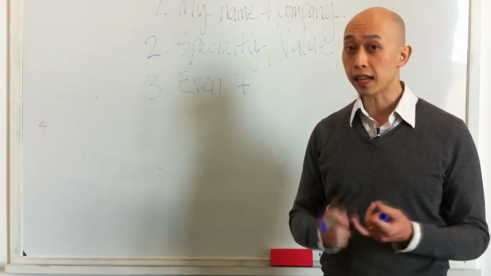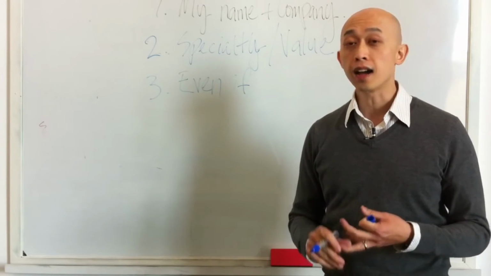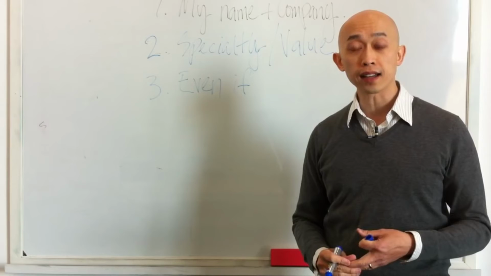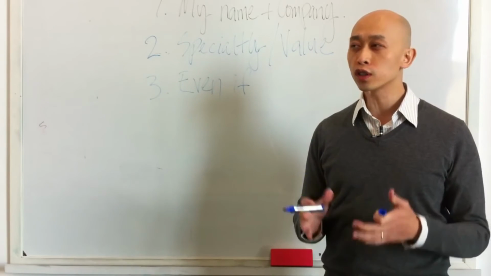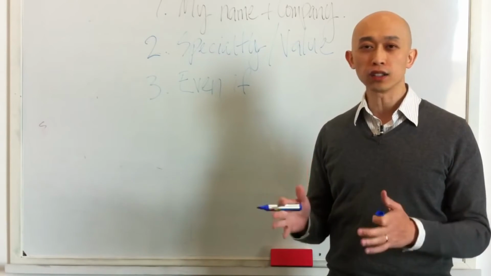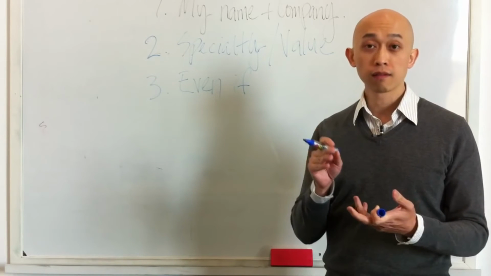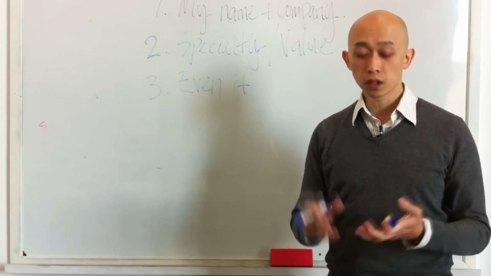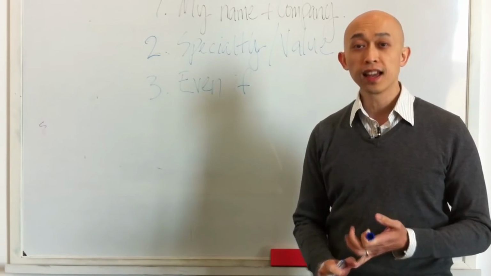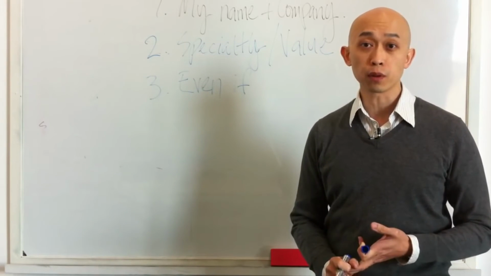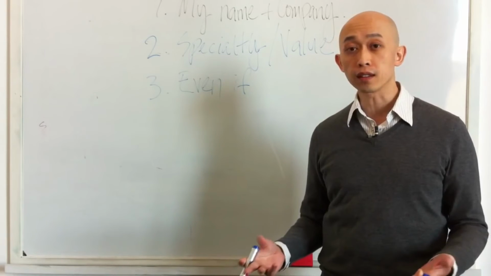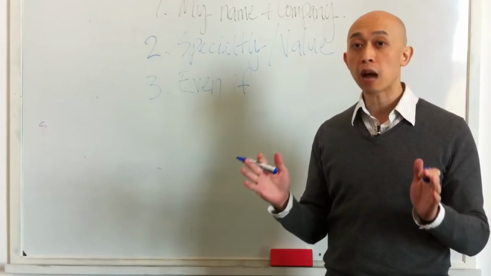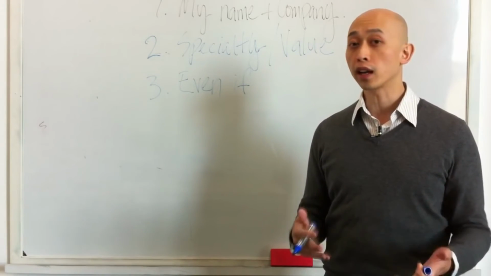I just said my name, my company, I said what value or service I provide, then I talked about the worst possible case that I could deal with. People who are non-English speakers, who have to give an English presentation, who maybe are scared of speaking, and who've never given a presentation before. I could talk about those things. So in that very, very short amount of time, I've just introduced myself and what I can do.